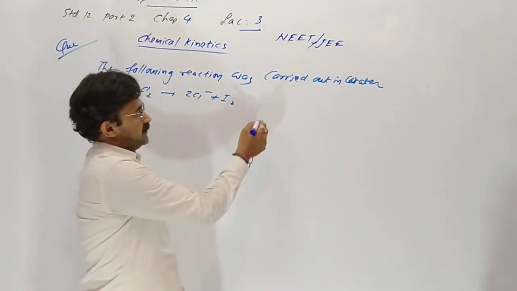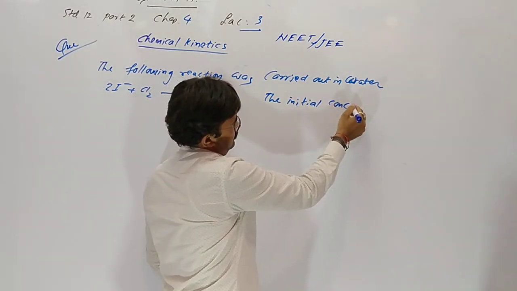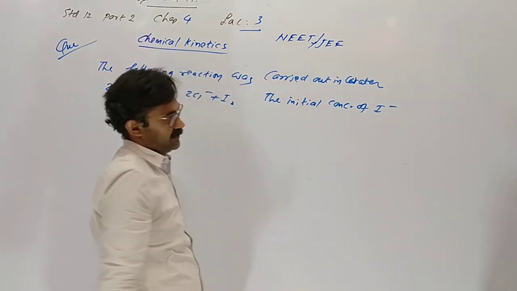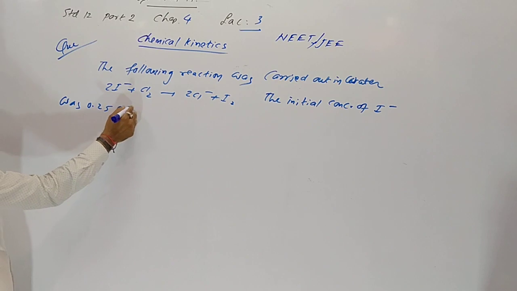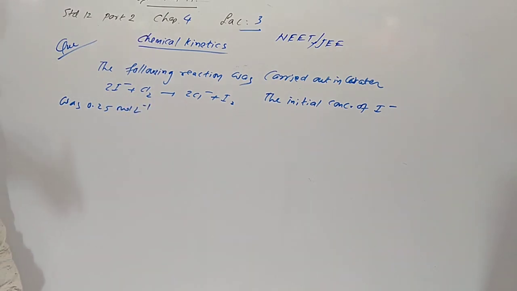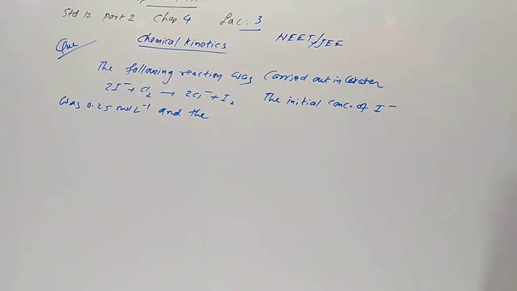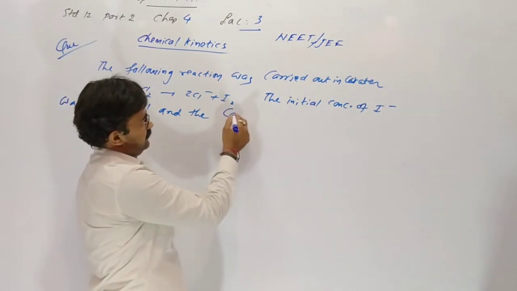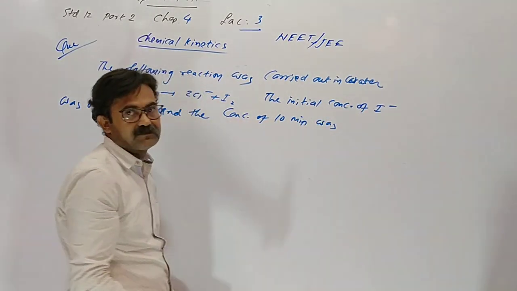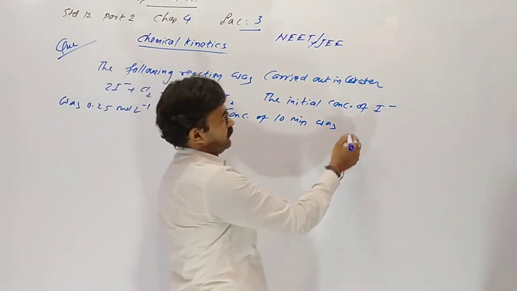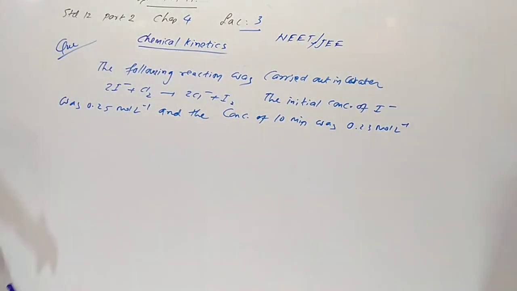The initial concentration of I minus was 0.25 mole per liter, and the concentration after 10 minutes was 0.23 mole per liter. Calculate the rate of disappearance of I minus and the rate of appearance of I2.